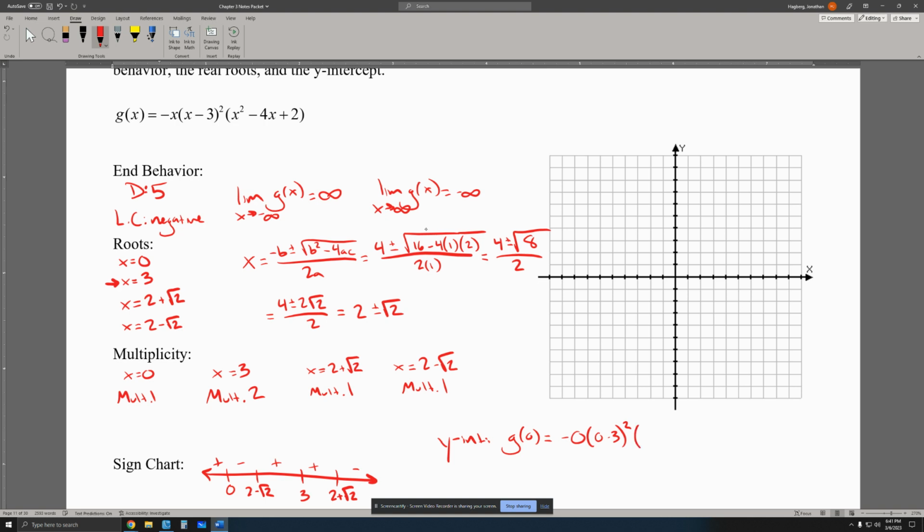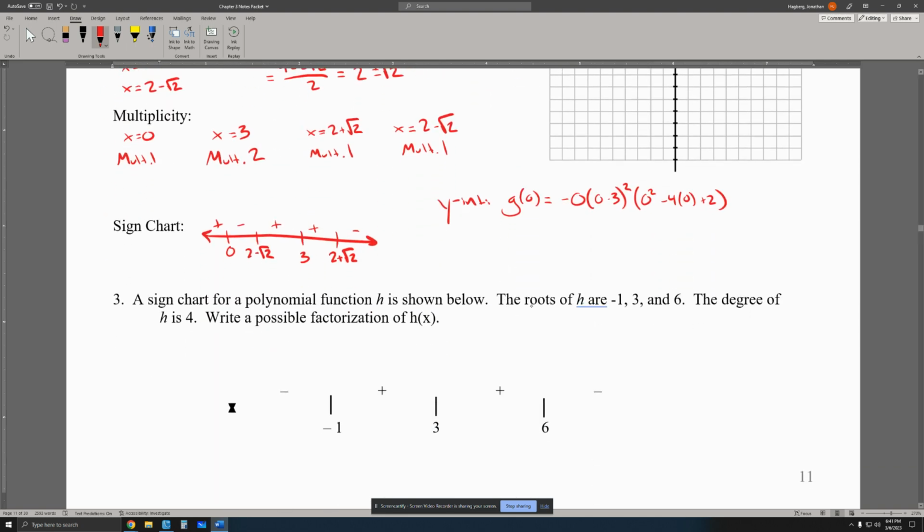And then we have 0 squared minus 4 times 0, and then plus 2. Okay? Now, one thing you might notice here is that we're multiplying everything by 0. So then we have a y-intercept of 0, 0. And that should make sense because we also have an x-intercept of 0, 0, the origin.